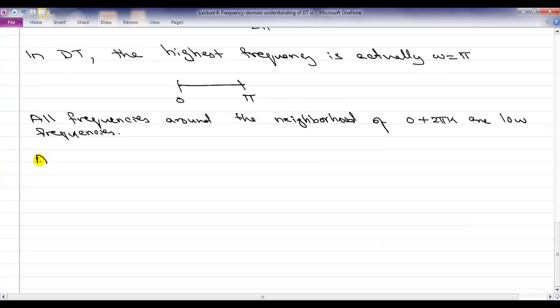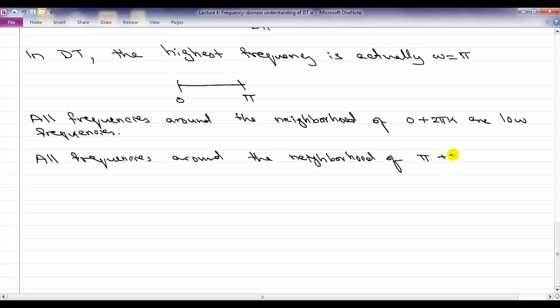And all frequencies around the neighborhood of pi plus 2 pi k, where again k is any integer, are considered high frequencies.